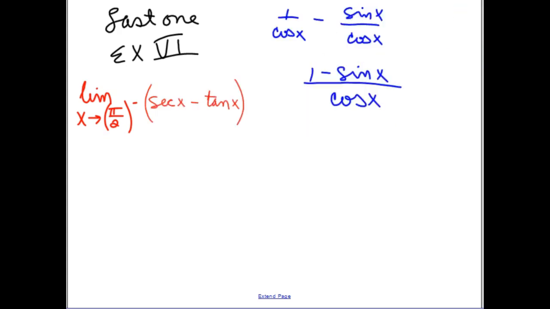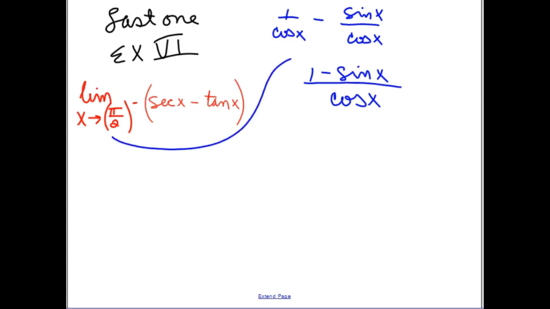But this is not a quotient to which you would necessarily apply L'Hopital's rule. But after doing a little bit of rearranging, recognizing that the secant is 1 over cosine and the tangent is sine over cosine, I can write that now as one fraction. Now when I plug in pi over 2, the sine of pi over 2 is 1.